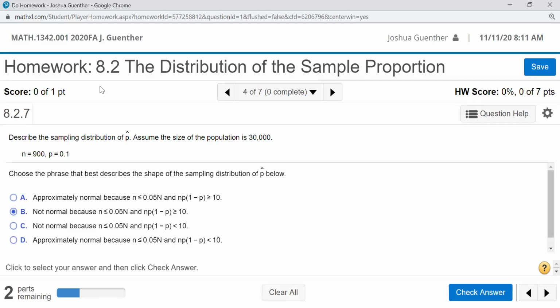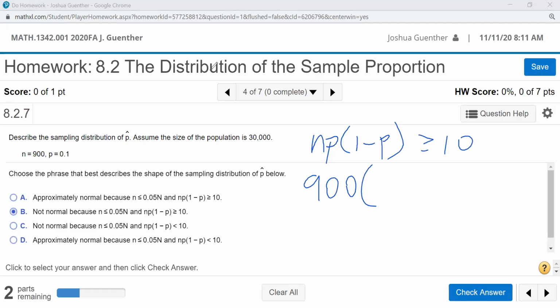So there's going to be a few things that we look at. First of all, we have to check the np computation: n times p times 1 minus p. We want that to be greater than or equal to 10. That's one of our normality assumptions for this section. n is 900, p is 0.1, and 1 minus p is going to be 1 minus 0.1.